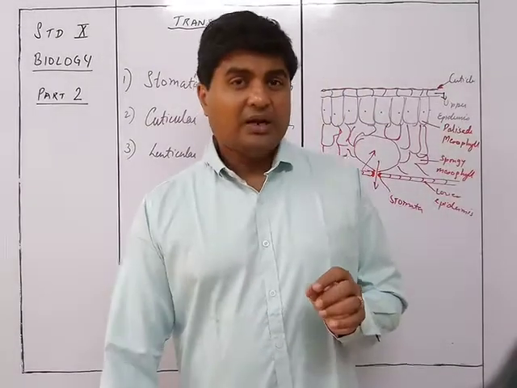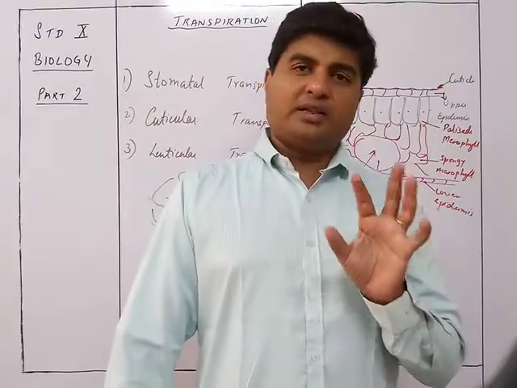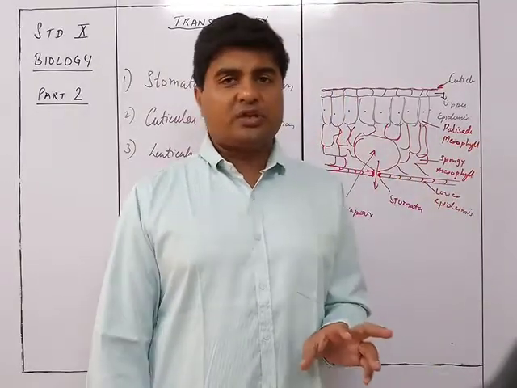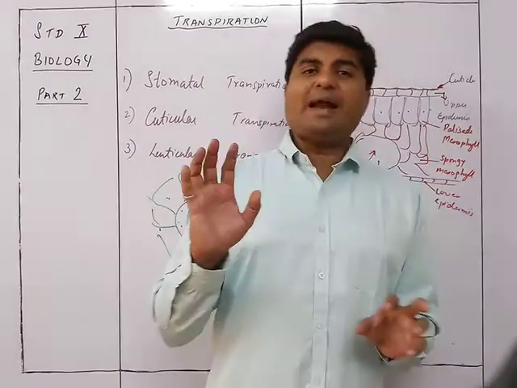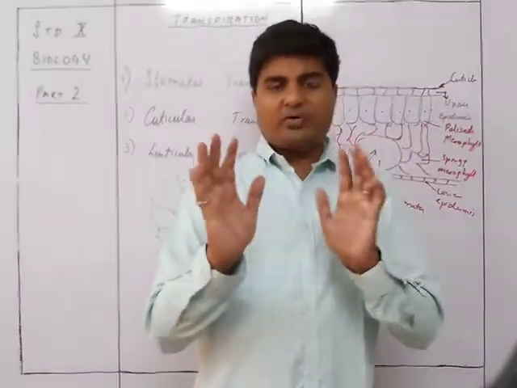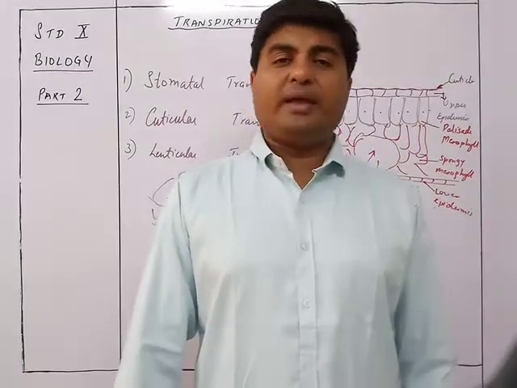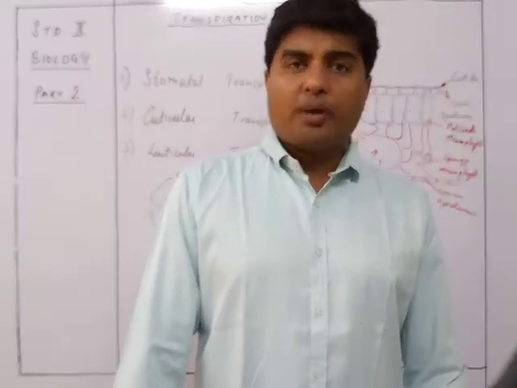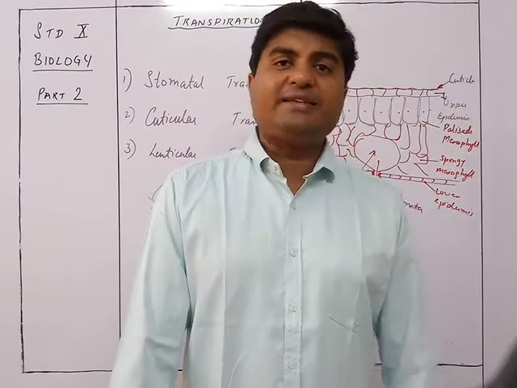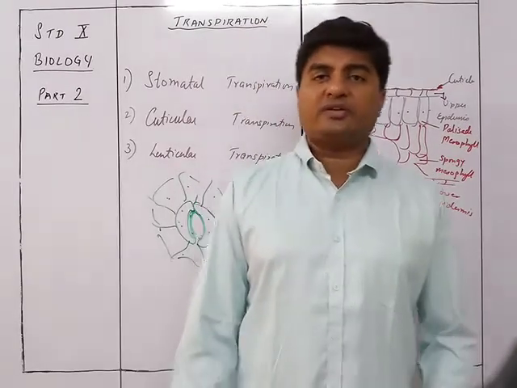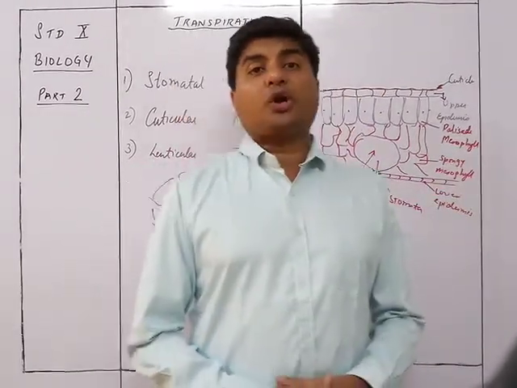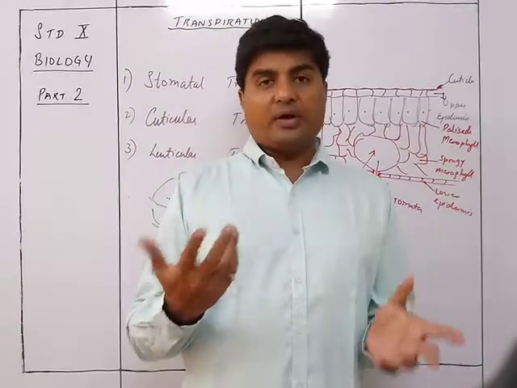So, we know that the air contains 0.03% of carbon dioxide. Till that point, the stomata is going to remain open. But the moment the air contains more carbon dioxide, if it exceeds 0.03% of carbon dioxide in the air, the stomata will close, because it doesn't require that much.